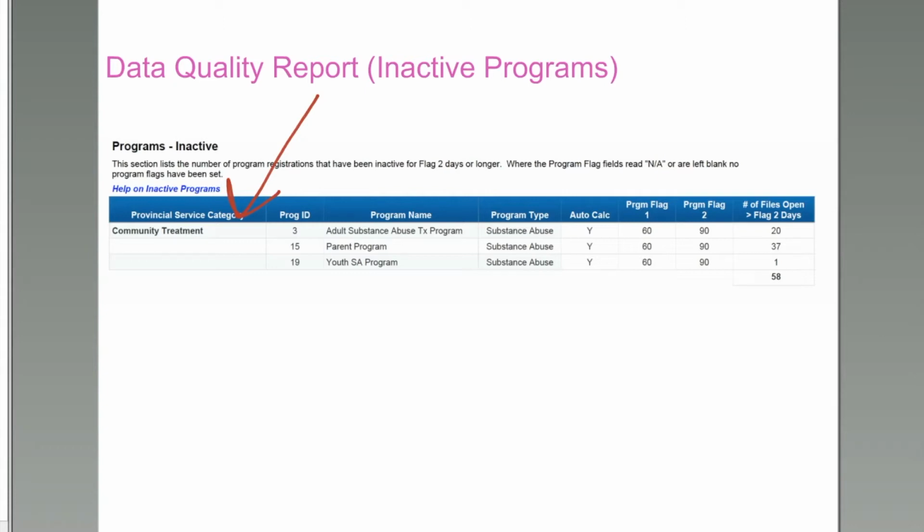We are looking at how many files are exceeding the program flags for those programs, and hence potentially are inactive. Then you get an overall total here of 58. So that's how you would read that section. Again, we're going to take this now and go a little bit further.